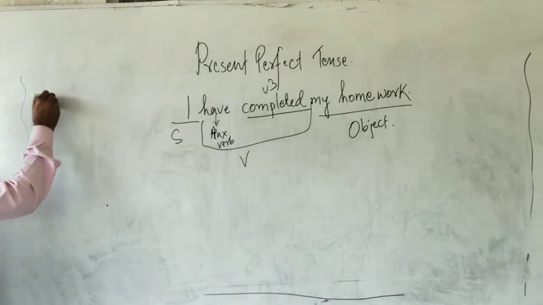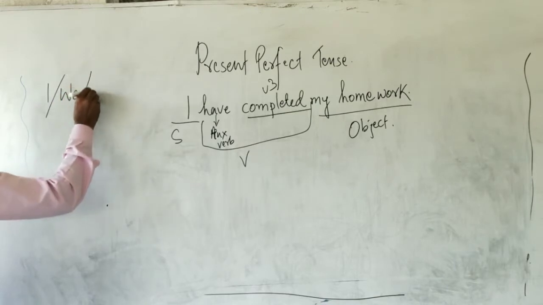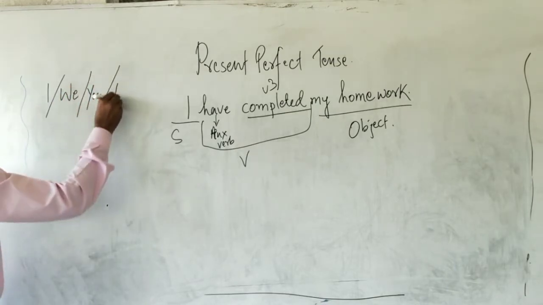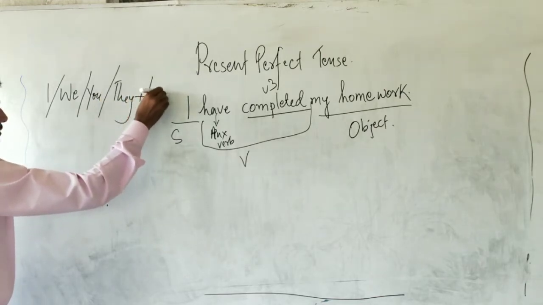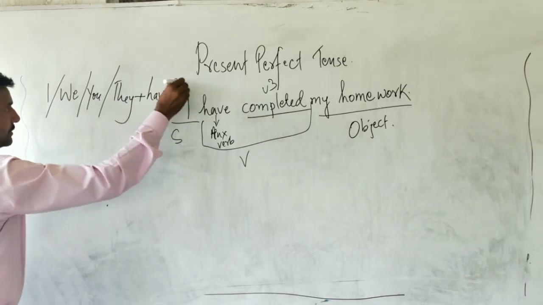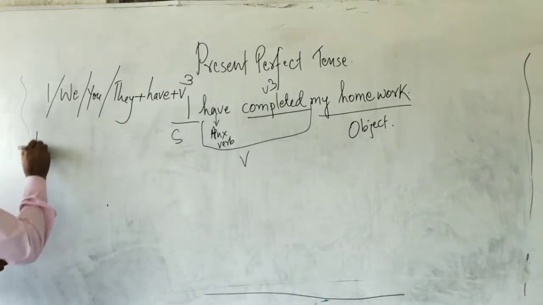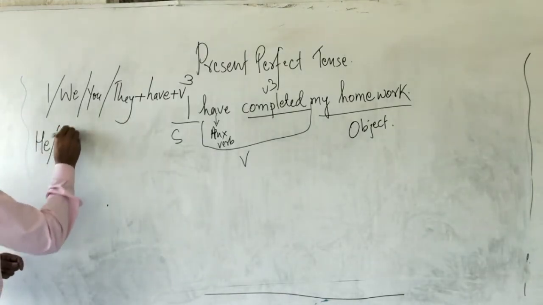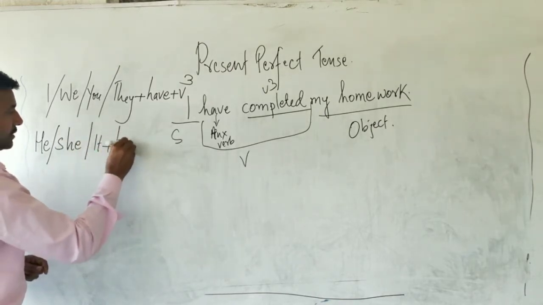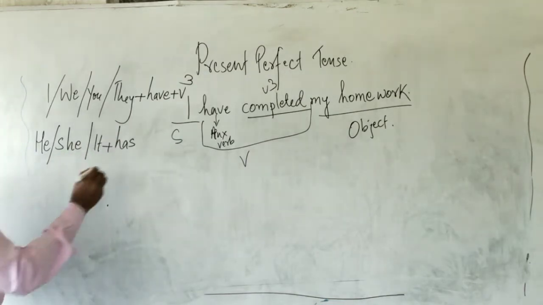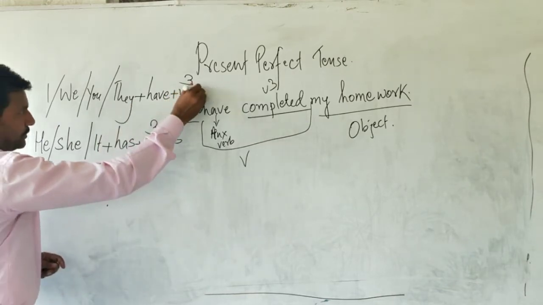If we have a subject like I, we, you, or they, we use have plus V3, the third form of the verb. If we have a subject like he, she, it, then we use has, because they are similar subjects. Has is to be used, then verb 3. After that, if you wish, you can use an object.